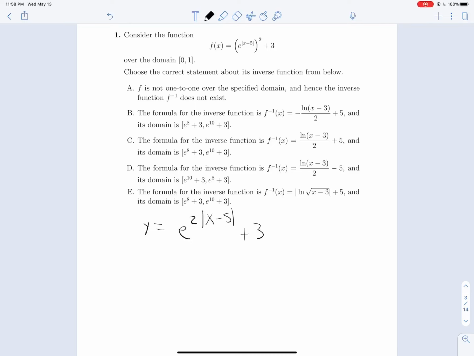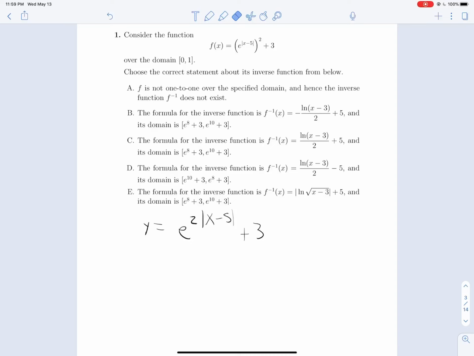Now, since we're dealing with the domain from 0 to 1, so our x values are running between 0 and 1, what will this absolute magnitude always evaluate to? It should always evaluate to a positive number, but we will always have a negative number in here.